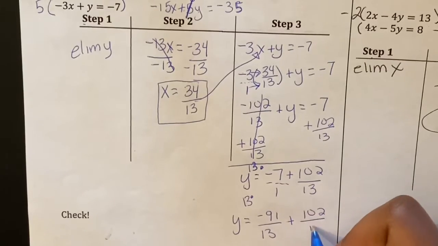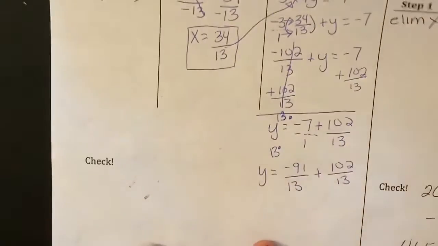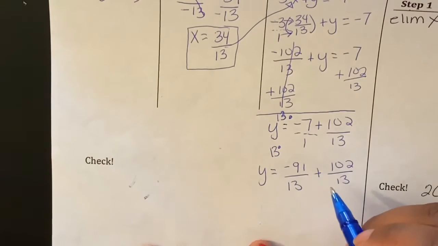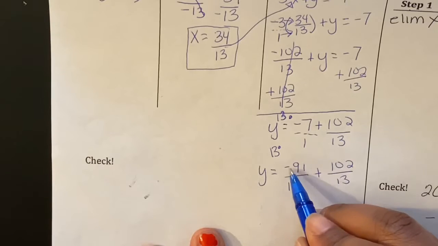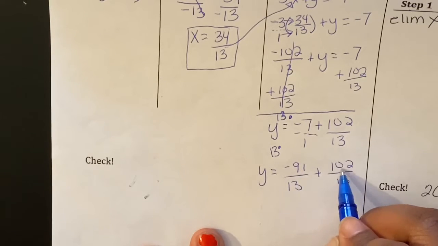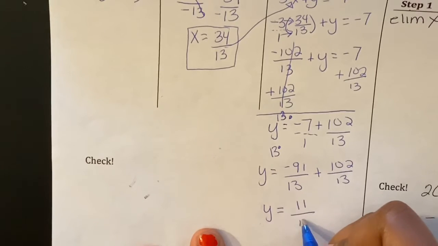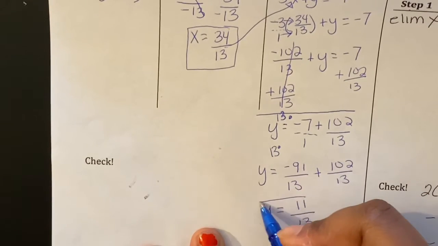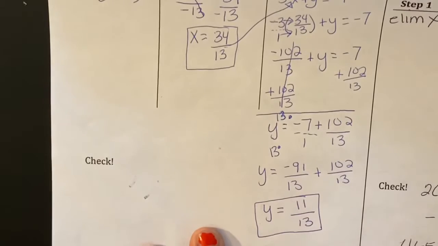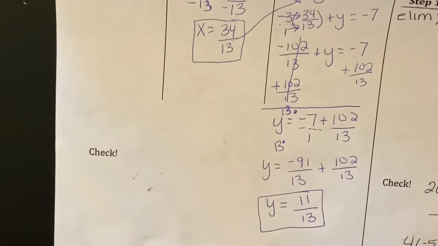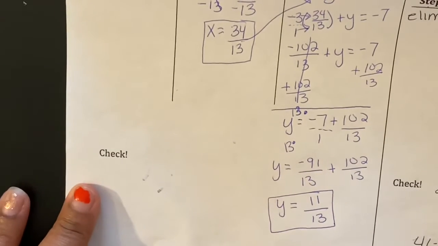Now that my two numbers have common denominators, I can add them. Negative 91 plus 102 becomes positive 11 over 13. So now this is my y coordinate. Again, I'm so sorry I made this tricky. There won't be tricky problems like this in the future.